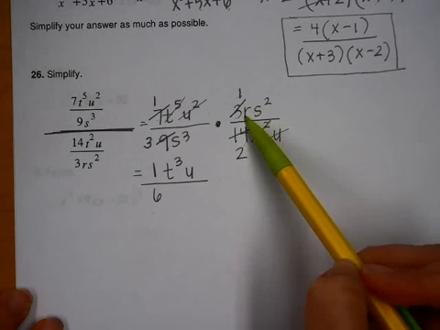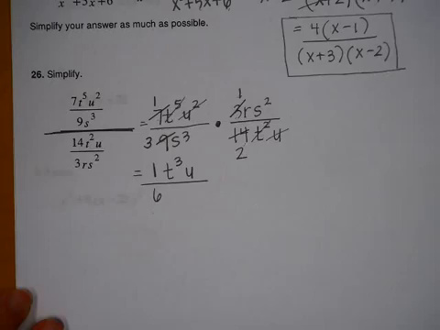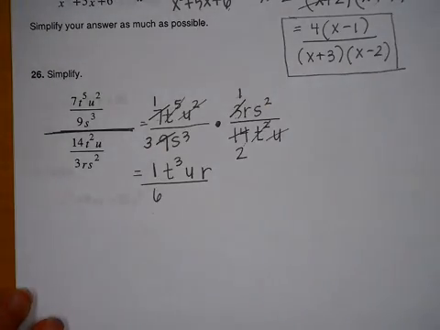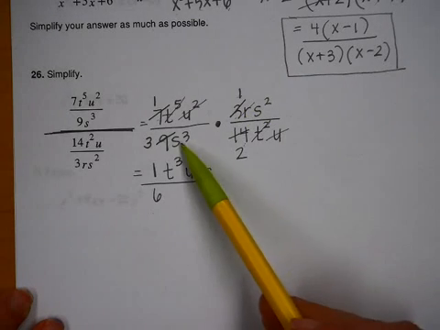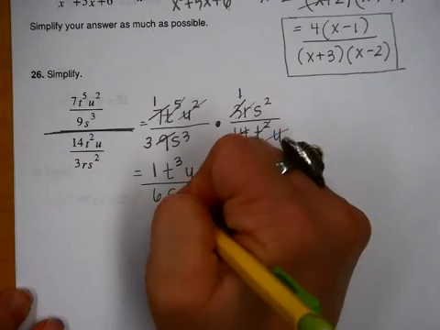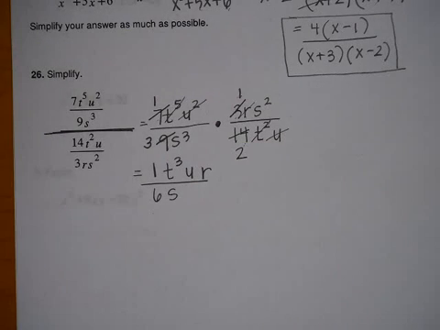Alright, what about r? Do I have any r's in the bottom? No. So what am I going to do with that r? I'm just going to bring it down. And I have s cubed in the bottom, s squared in the top. How many s's are going to be left? 1, and it's going to be in the bottom. Okay?